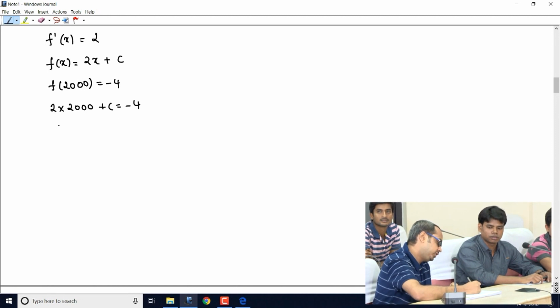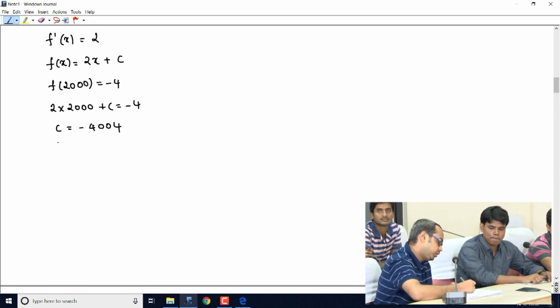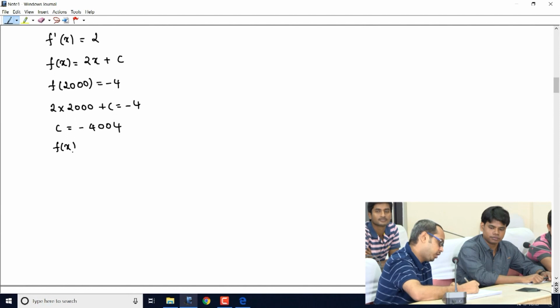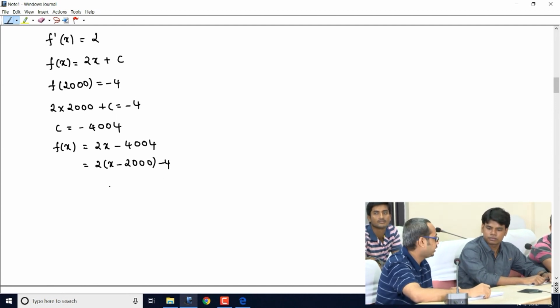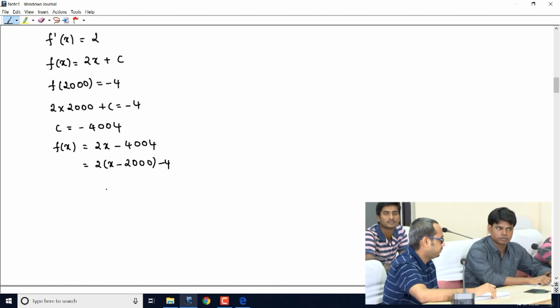That means c should be -4004. So f(x), the solution of this problem, is 2x minus 4004, or we can write it as 2 into (x minus 2000) minus 4. So this function will attain its value 32 at the point 2018.